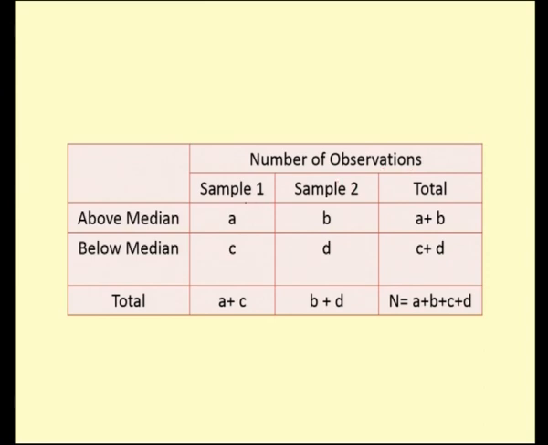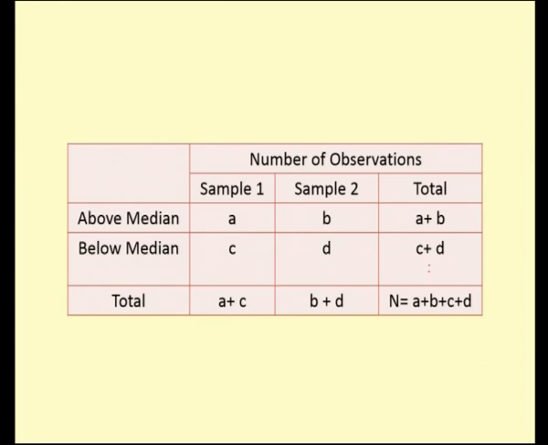Take the first sample, find out how many values are above the median, denoted by A. Come to sample 2, find out how many values are above the median, denoted as B. So this is the total A plus B. Come to the next row, below median. You fix your M, find those values which are below it, denoted as C for sample 1 and D for sample 2. Find out the total C plus D.